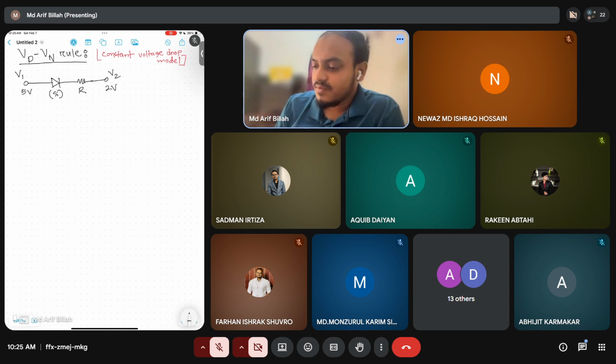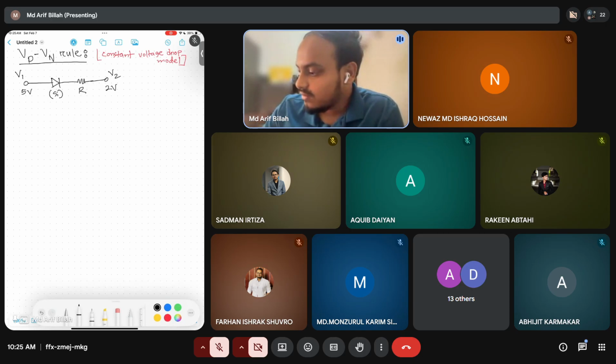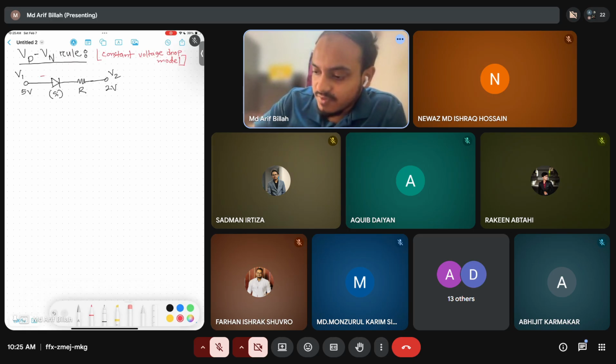So what the VP and VN rule says is that this is to solve the circuits easily. Figure out what the positive and negative parts of the diode are. Polarity of the diode, remember, this is plus, this is minus.